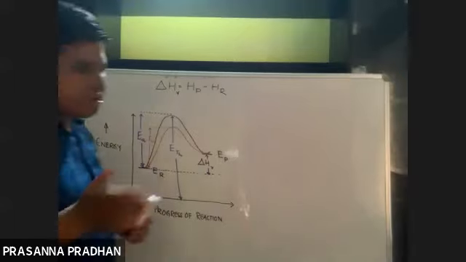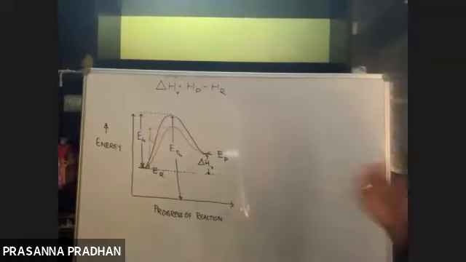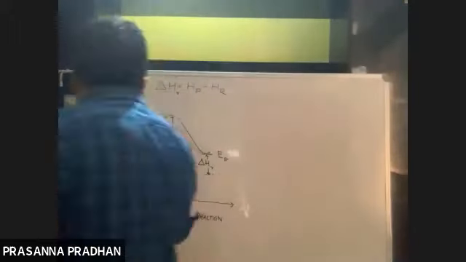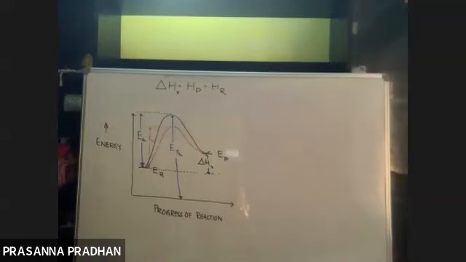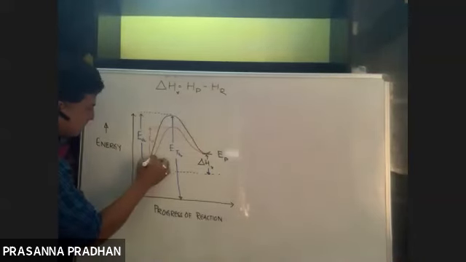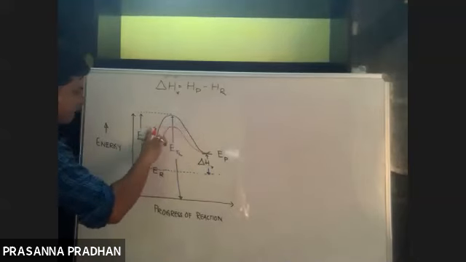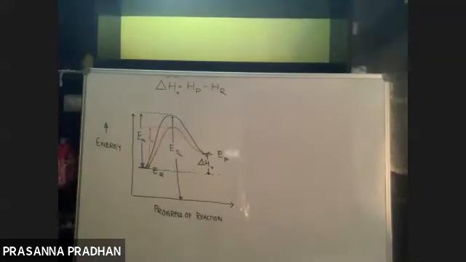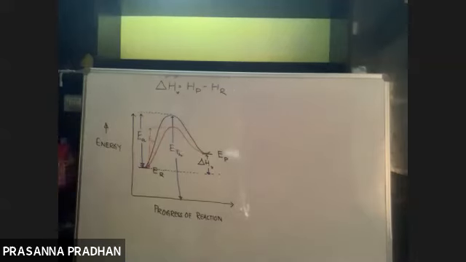So if the question comes, explain how a catalyst increases the rate of a reaction, what is going to be the answer? A catalyst provides an alternative pathway, a different route like this, having lower activation energy. And when the activation energy required is less, the rate of a reaction will be high. This has also been discussed in our previous classes.